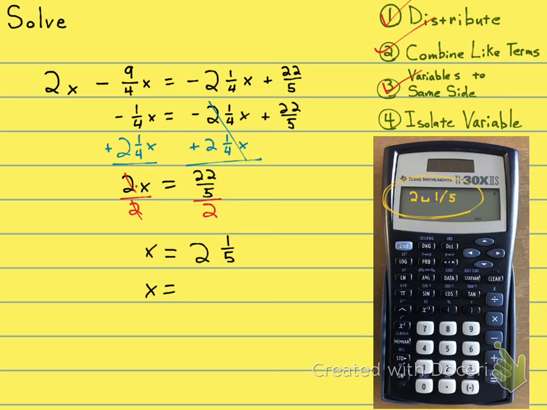So if you leave the 2 and 1/5 in your calculator, you're going to hit second ABC to D over E equals, and it will give you 11 over 5.